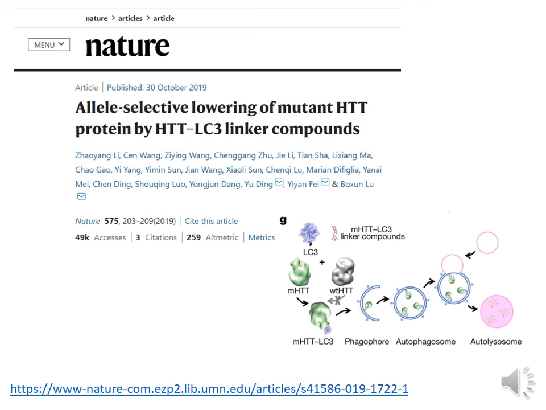So what these authors did is use their knowledge about autophagy and the properties of this LC3 protein, and they screened for possible compounds or linkers that could specifically link mutant huntingtin to this LC3.